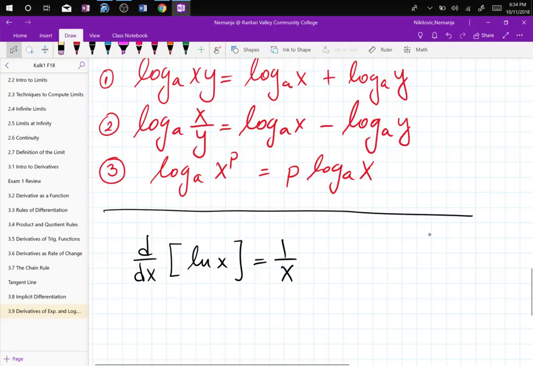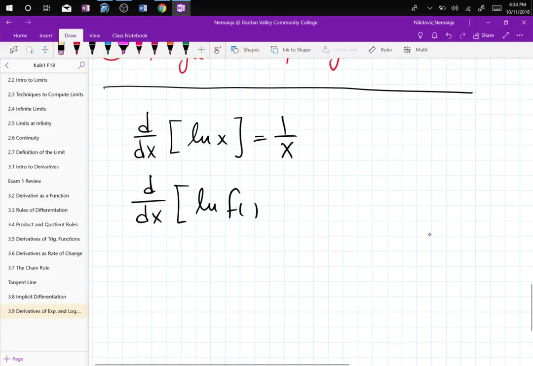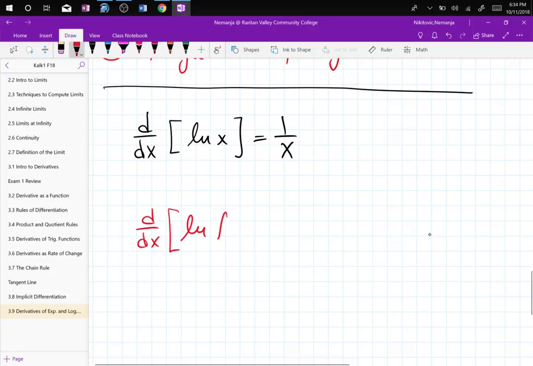And actually, this is my favorite derivative, because I should have written this in red, because this is the one that is most frequent. So red, and there will be a pink box around this, so leave some space. The derivative of ln of any function, ln of f of x. Look how cool the derivative is.